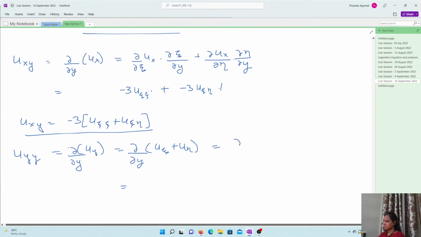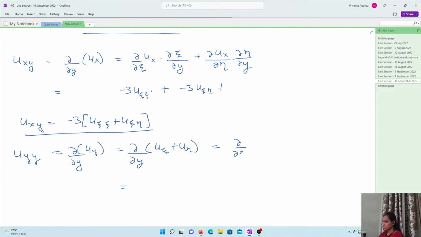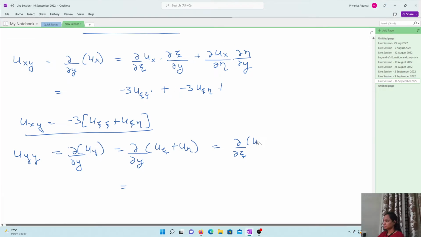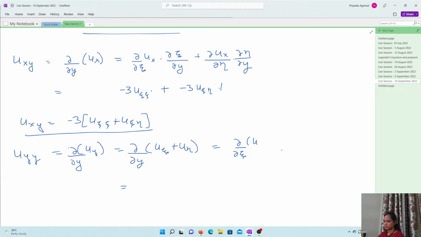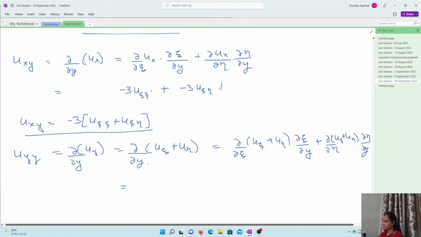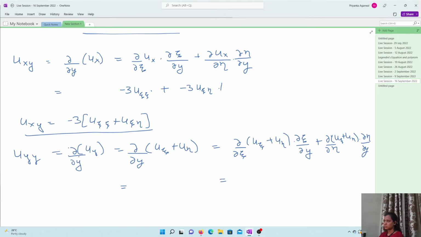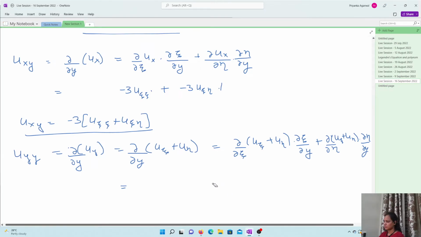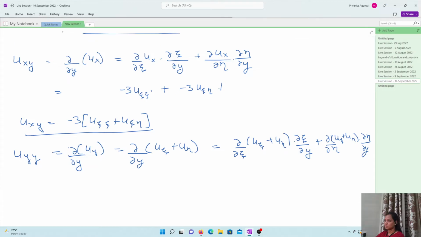So this can be written as del by del xi of u xi plus u eta into del xi over del y, plus del by del eta of u xi plus u eta into del eta by del y.